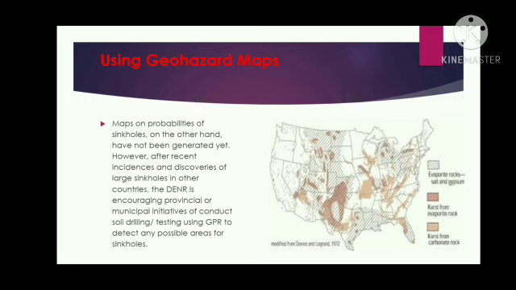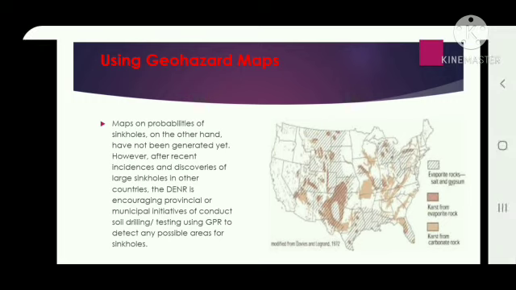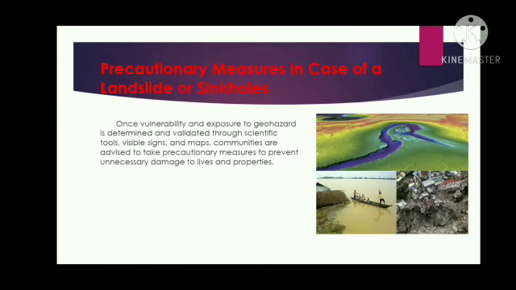Evaporite rocks underlie about 35 to 40% of the US, though in many areas they are buried at great depths. Once vulnerability and exposure to geohazard is determined and validated through scientific tools, visible signs and maps, communities are advised to take precautionary measures to prevent unnecessary damage to lives and properties.